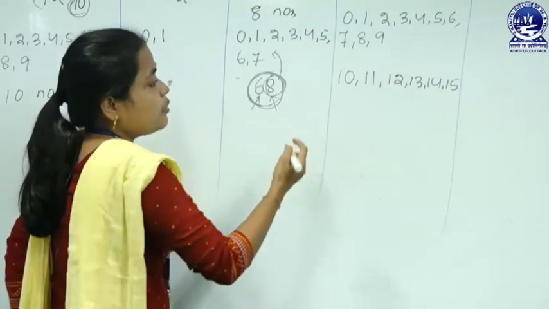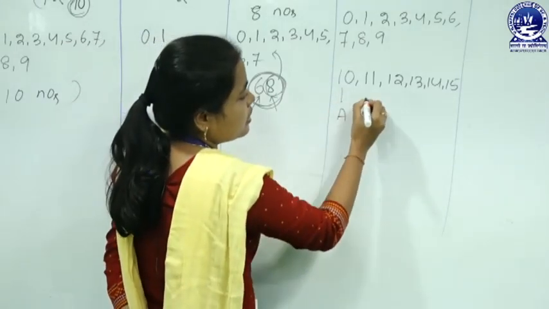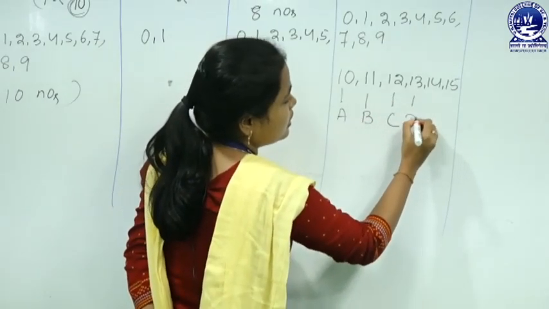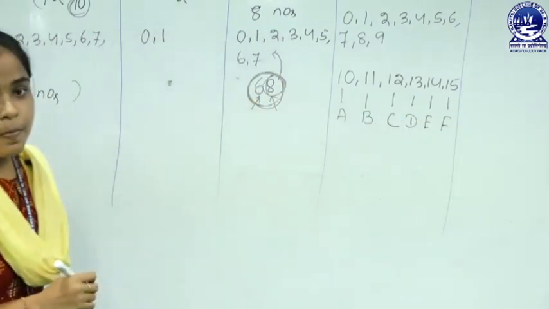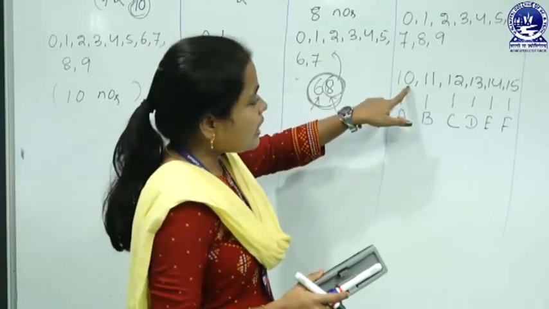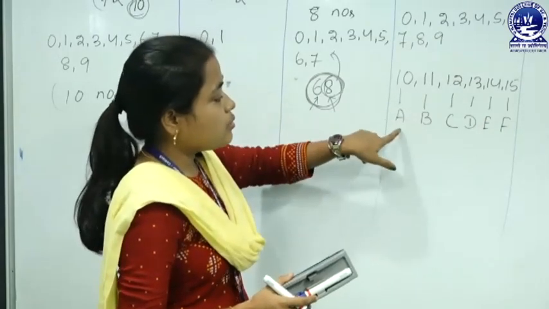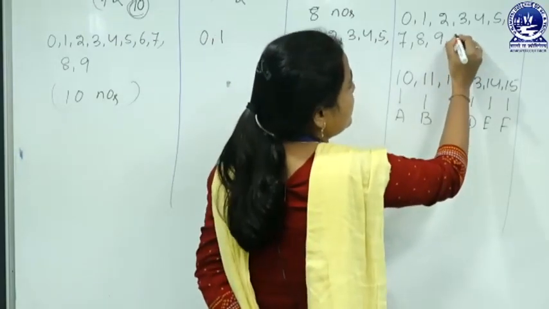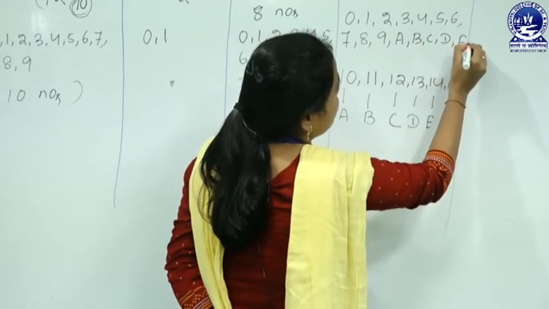So, we have to represent them in a different way: 10 as A, 11 as B, 12 as C, 13 as D, 14 as E and 15 as F. So, to represent a hexadecimal number we use 10 to 15 in coded form, that is A, B, C, D, E and F. What will be the range? After 9 it is written as A, B, C, D, E and F.